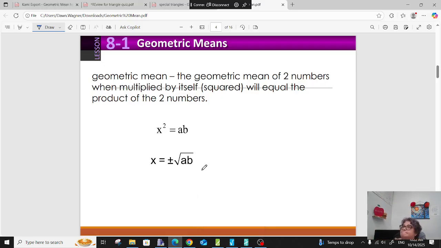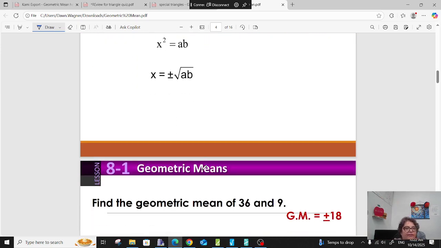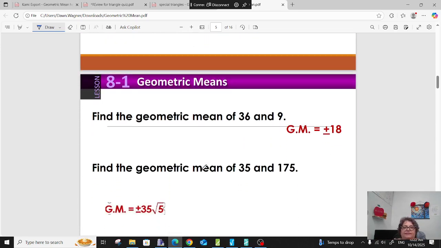Okay, now I'm going to this next one. These gave the answers. I should have deleted them. So if I want to find the geometric mean of 36 and 9, what would I do with those two numbers? Or just multiply. I'll set it up if you want me to. 36 over x equals x over 9.